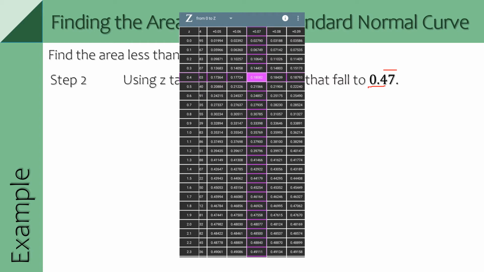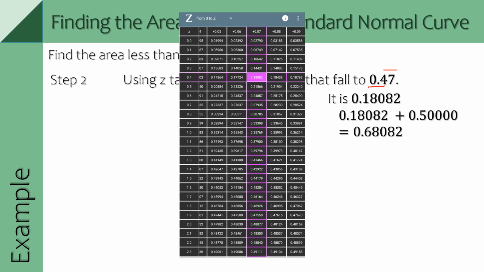Okay, so the area is 0.18082. Okay, so since that area is from 0 to 0.47, we need to add 0.5 to get the area less than 0.47.